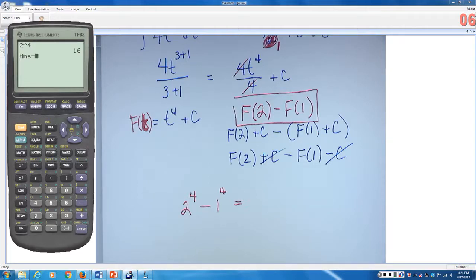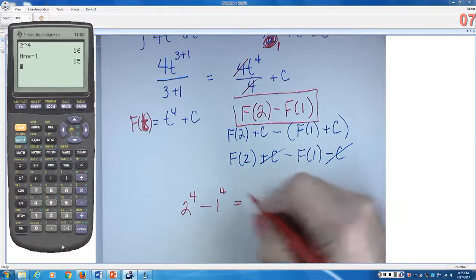No, it's only 16. I was way off. So it's going to turn out to be 15.